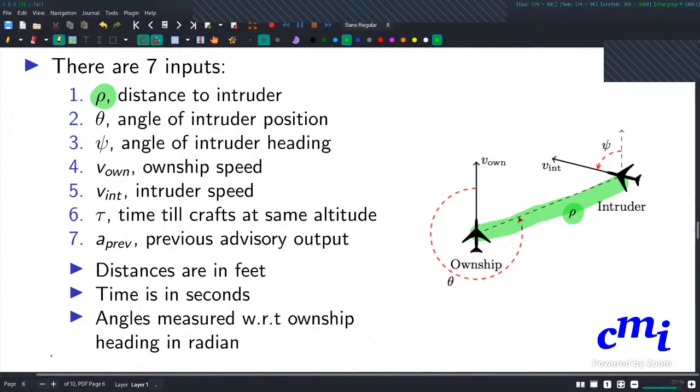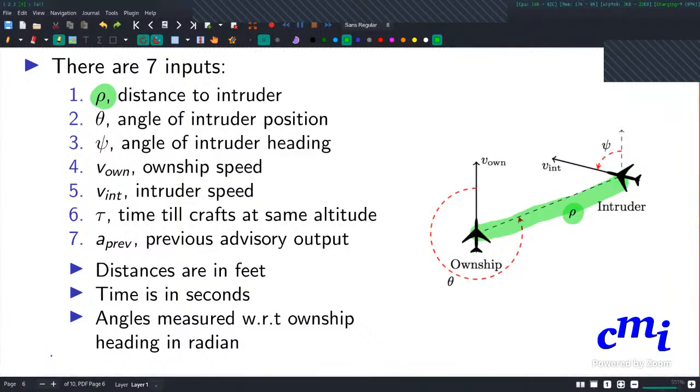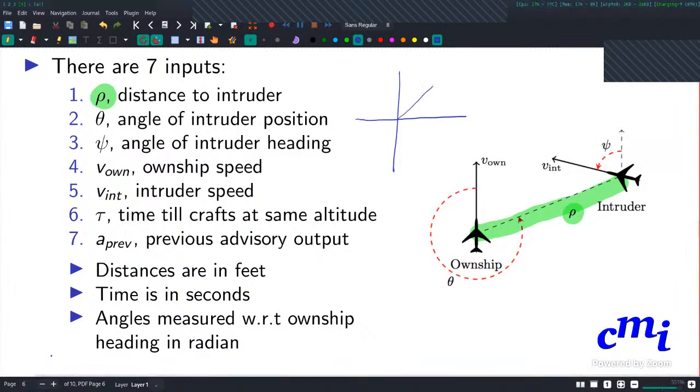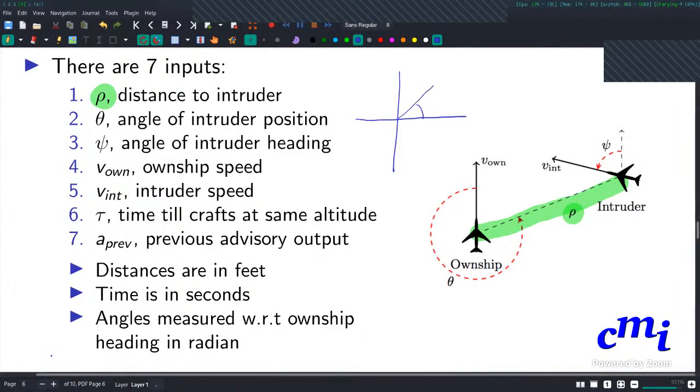Input number 2 is the angle at which the intruder aircraft is located. If you want to describe where the intruder is relative to your position, you have to give both a distance and a direction as an angle. This second variable is the angle, measured anti-clockwise from the direction in which you're traveling.